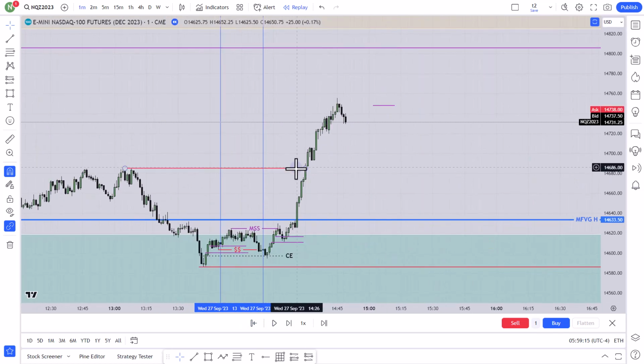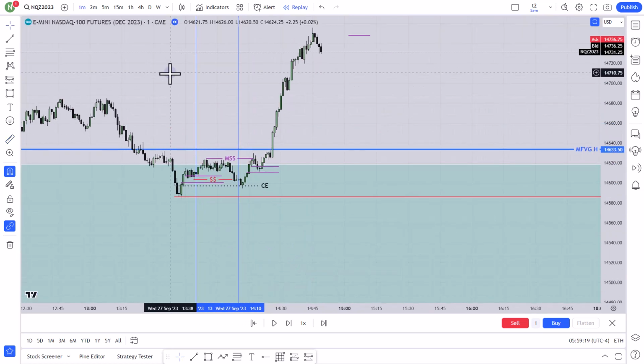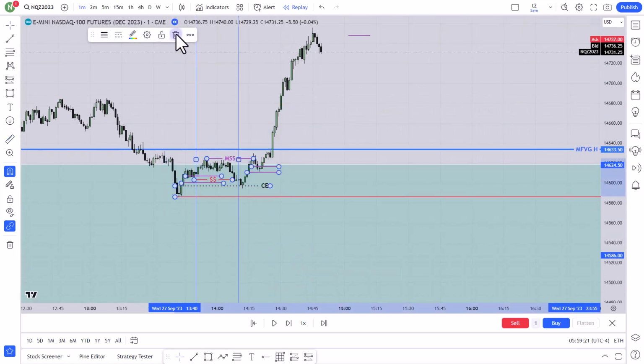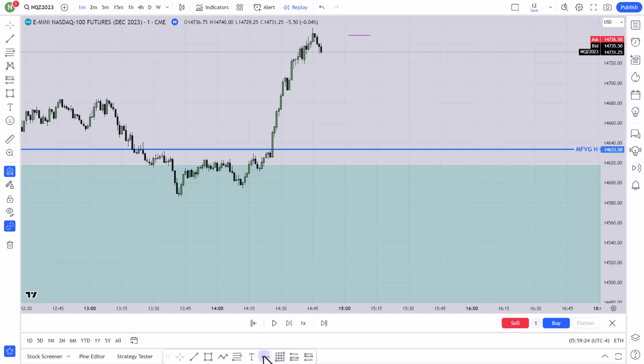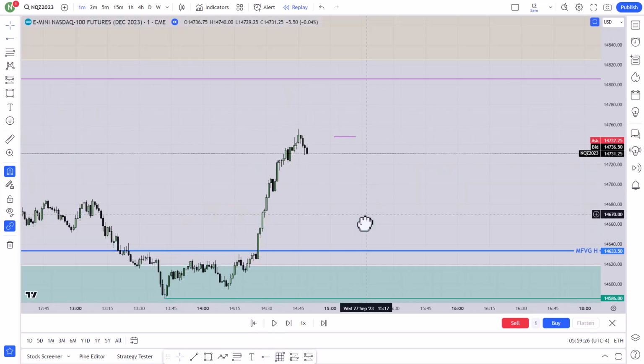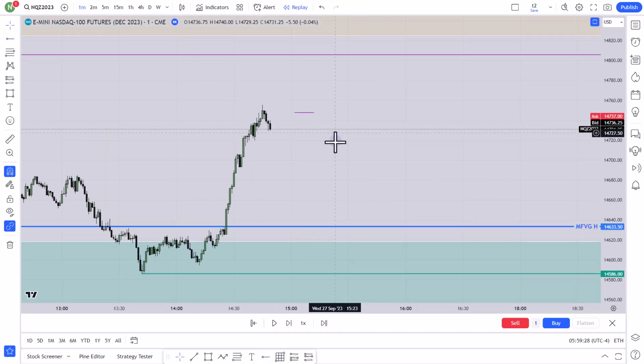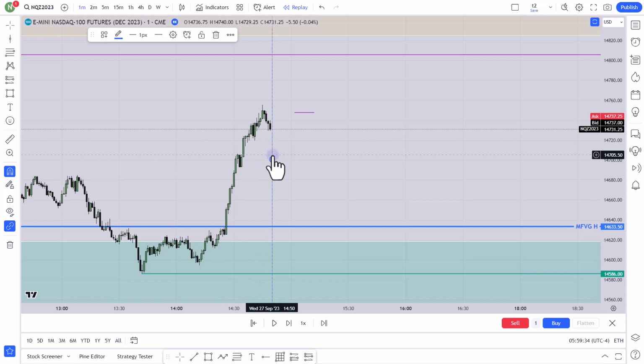I'll just clean all this, and also this one. I don't need all of them. I'll just mark this low. Also, this is not important right now. Now, the macro will start from 250 to 310. This is the last macro from yesterday.